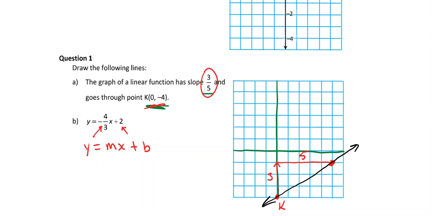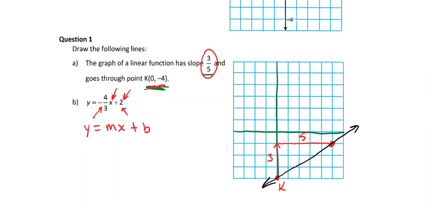So if I put 0 in for x, anything times 0 is 0, so negative 4 over 3 times 0 is 0, and all you have left is 2. So y comes out as 2. That's why the b value, our constant term, is always the y-intercept. So it's going to be at 2.